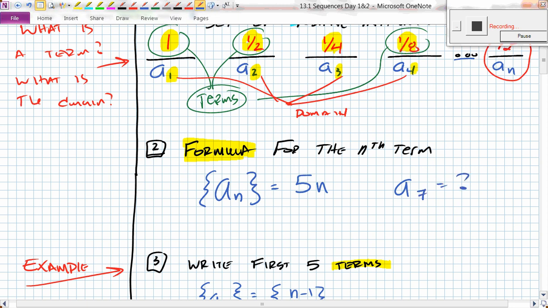If a sub n is equal to 5n, what is the seventh term of that sequence? 7 times 5n? Nope. You're close. You're really, really close. 35. Yeah. That's just 5 times 7, right? That's just 35.